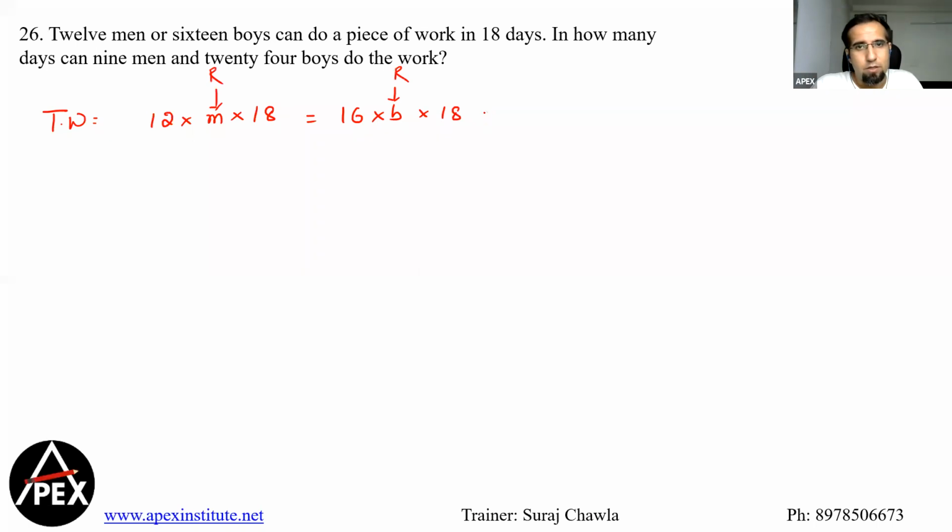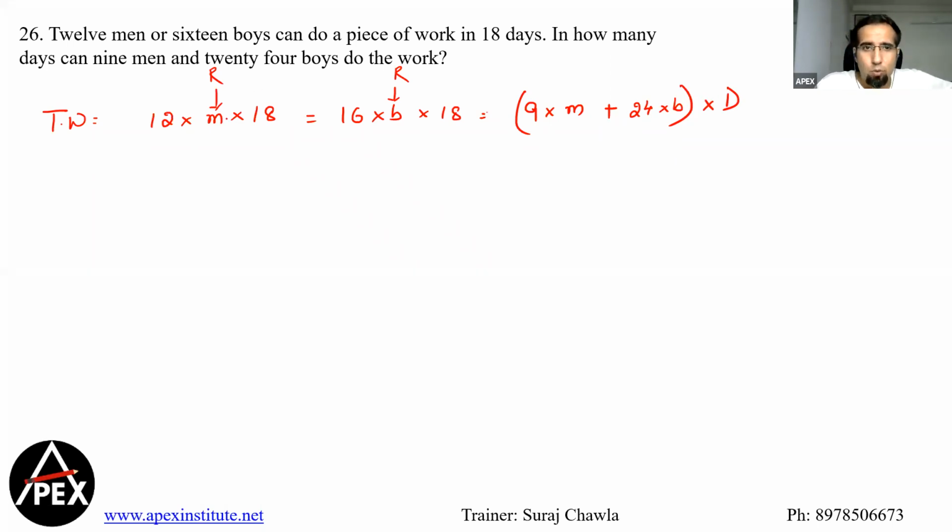Now, in how many days can 9 men and 24 boys do the job? 9 men in one day will do 9 into M units plus 24 boys in one day will do 24 into B units. This is in one day, and I do not know how many days they take to complete the same job.